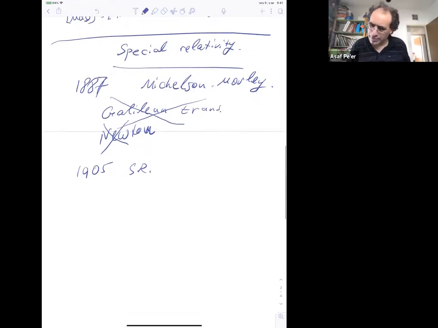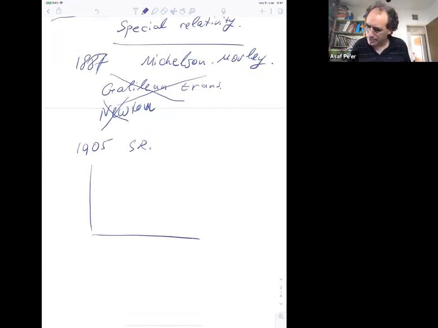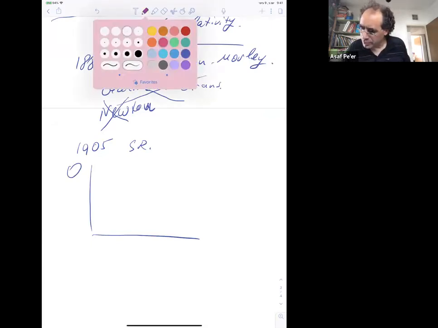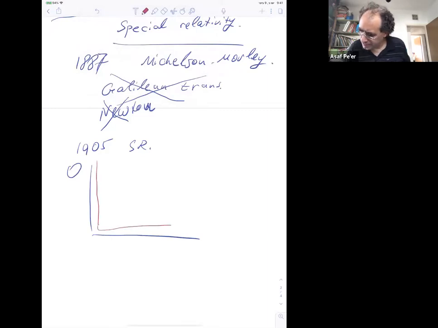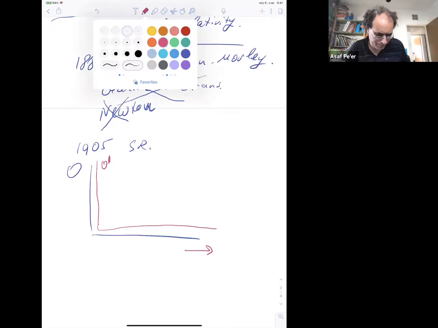Okay, so we have two observers. Observer O and another observer, let's call it the red one, O prime. O prime is moving with respect to O at some speed, in some direction, let's say at constant velocity.